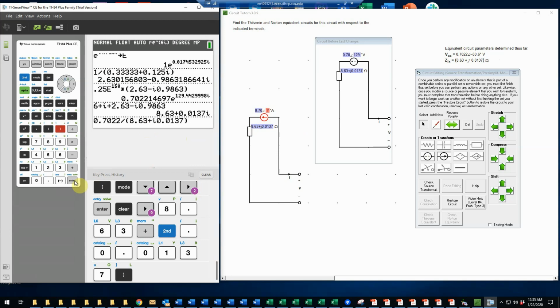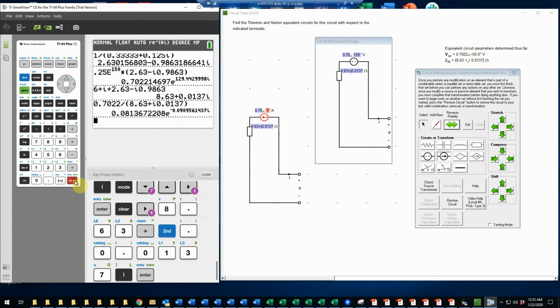And so we enter that, and that will give us the value of our current source. So that's going to be 0.08137.